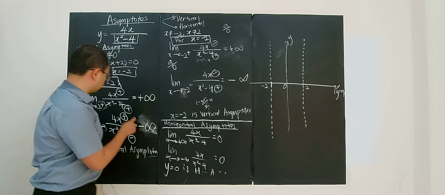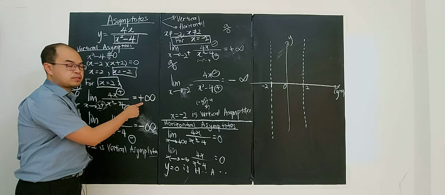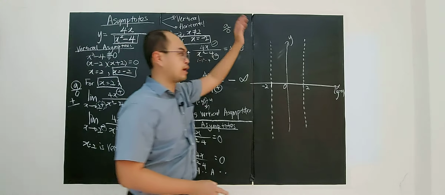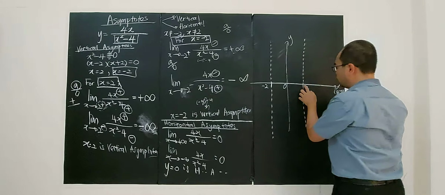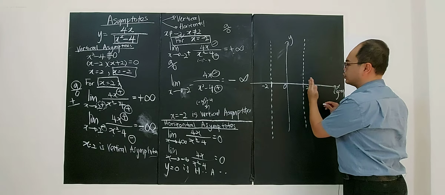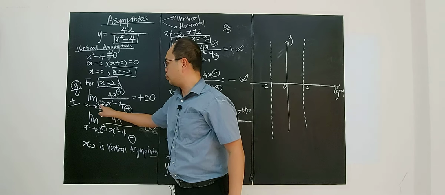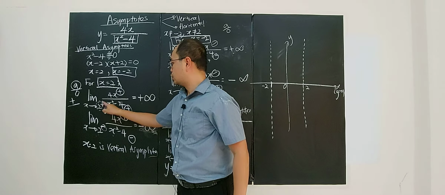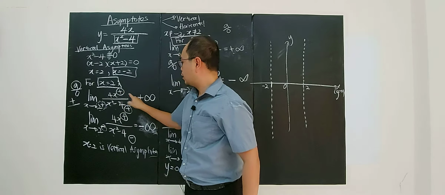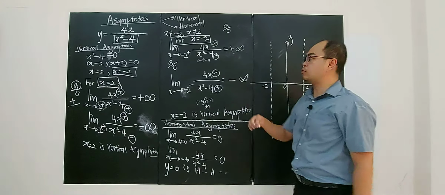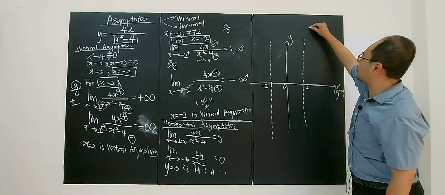It's going to positive infinity, meaning going up very high. So when x is near 2 from the right, the value of y goes to a very big value.